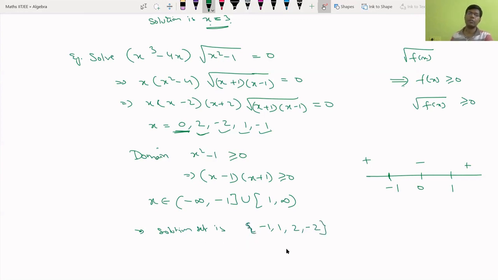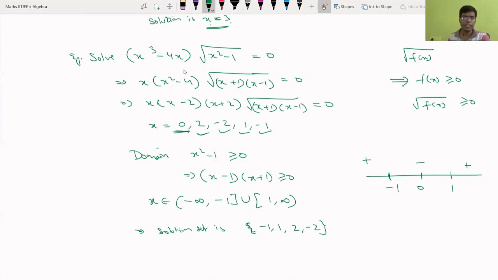We will not take 0 in our solution, because when x becomes 0, the expression inside the square root becomes less than 0, which is not allowed, because inside a square root the expression always should be greater than or equal to 0.